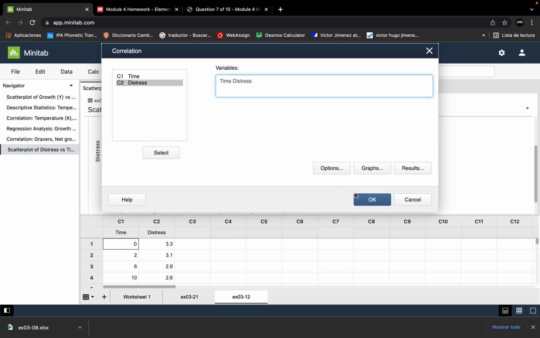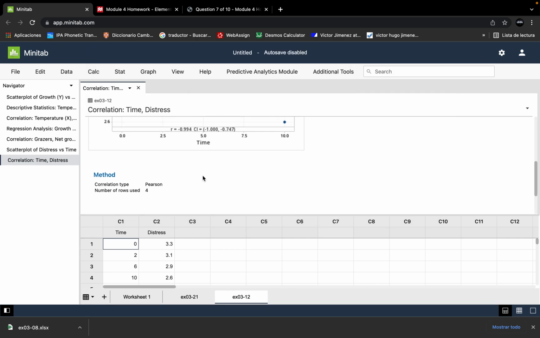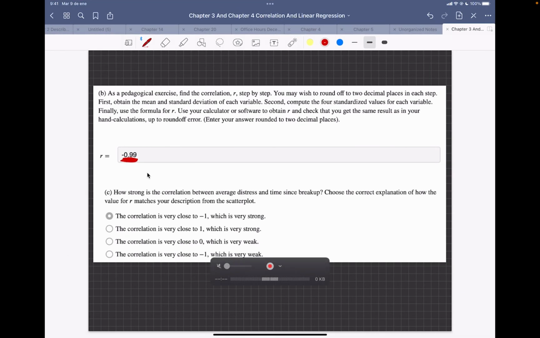You don't have to follow an order here. And then okay. And the answer, scroll down to have negative 0.994. Yeah, this answer from the book is negative 0.99. It was rounded to 2 digits. The correlation is very close to -1, which is very strong. Yeah, this is the option.